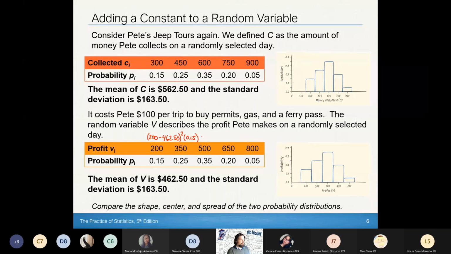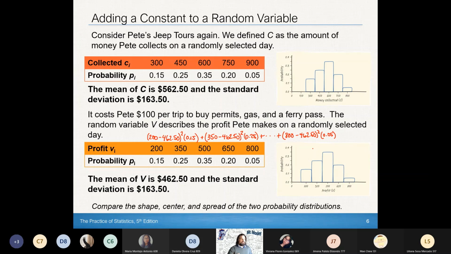And then we'd add the next one, 350 minus 462.50 squared times 0.25. And we'd continue till we get to the last observation, 800 minus 462.50 squared times 0.05.